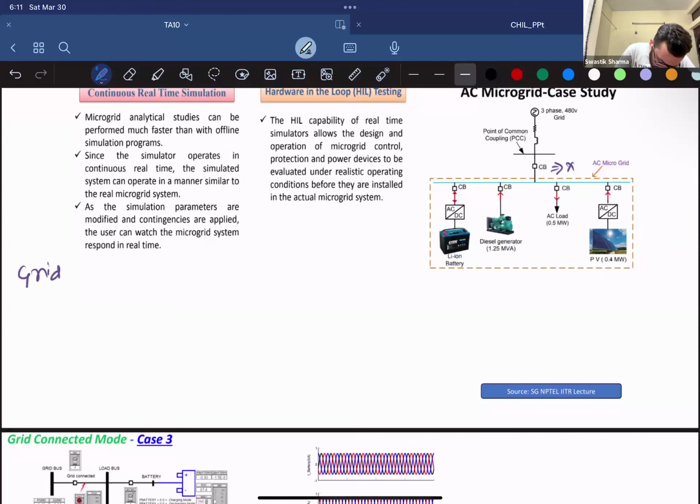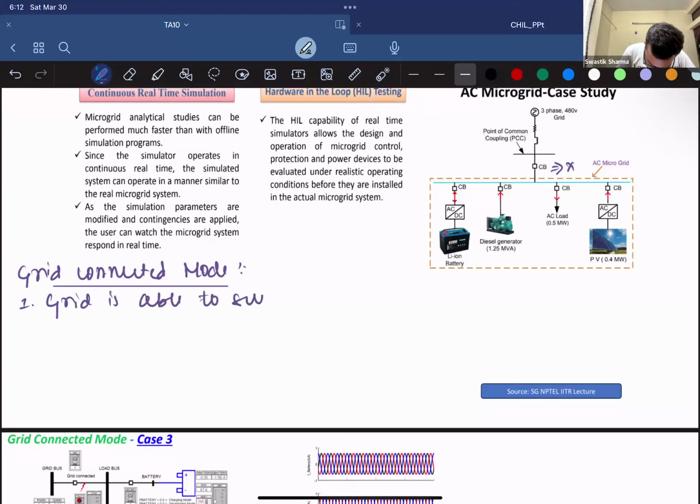So let's talk about grid connected mode first. In GCM, or grid connected mode, you have power available at your end, but to manage your AC load, you can also take power from the grid. So the grid is able to supply power, right? Now your PV, what do you think?